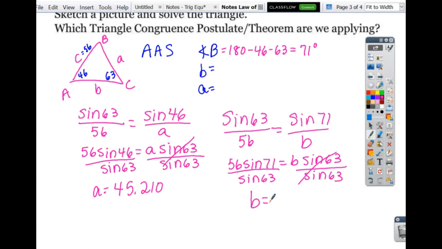Yeah, you cross multiply: 56 sine of 71 divided by the sine of 63. Why did I put the 56 up there? What's across from angle C? 56. I cross multiplied. Did you get 59.426?